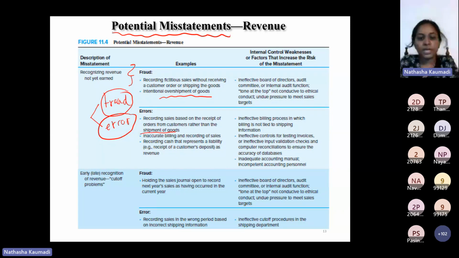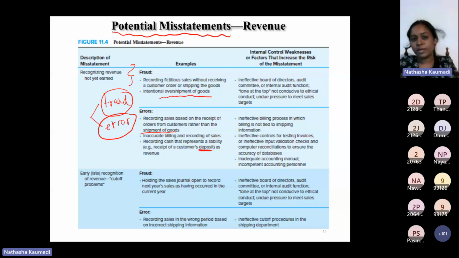Also, inaccurate billing and recording of sales, where values are wrong or incorrect. Another is recording cash that represents a liability, such as receipts of customer deposits as revenue. The customer has kept a deposit, a prepayment, but that deposit has been taken as revenue. That is again revenue not yet earned, but taken as revenue.